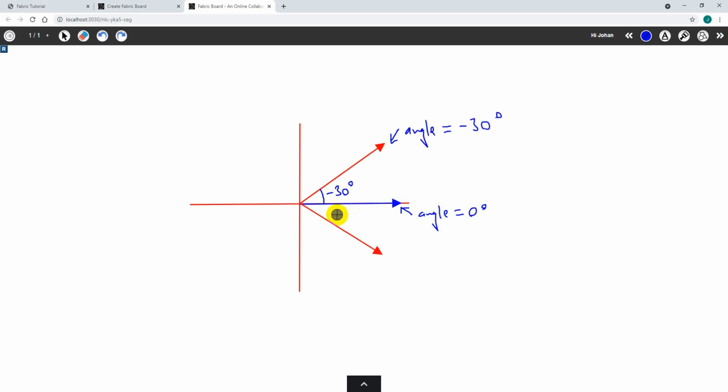And let's say this is 40 degrees over here. If it goes down, the angle is positive, so the angle of the triangle must be positive 40 degrees.